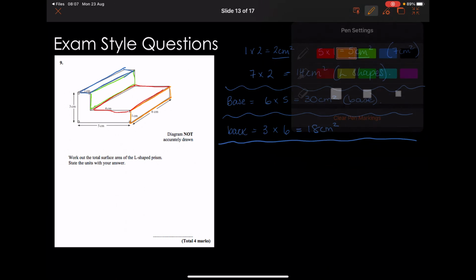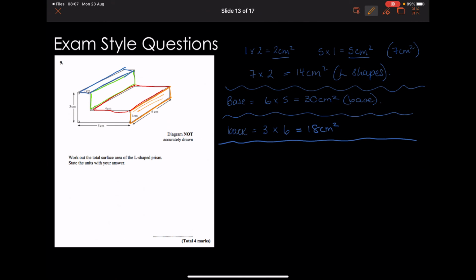So this section in orange is just going to be 1 times 6, which is 6 centimetres squared. The bit in red is going to be 4 times 6, because this length here is still 6, which is 24 centimetres squared.